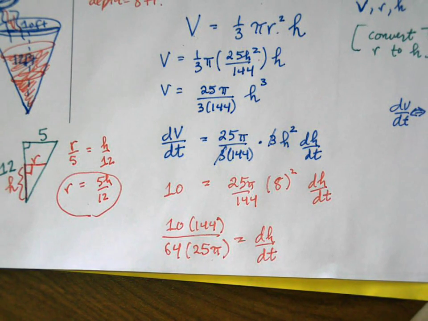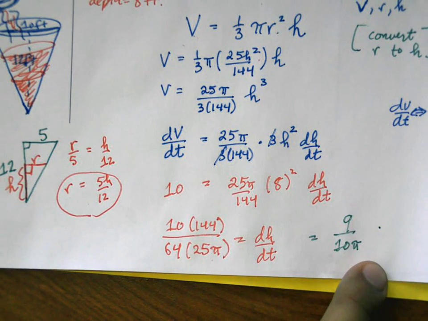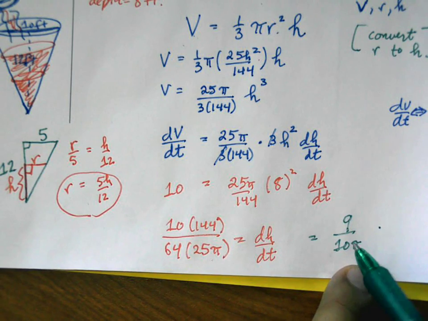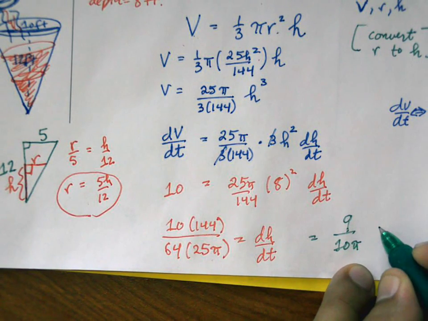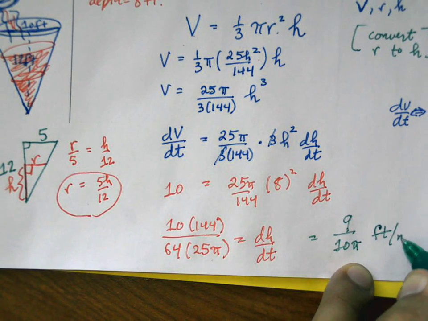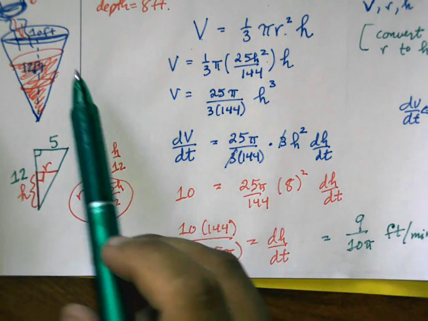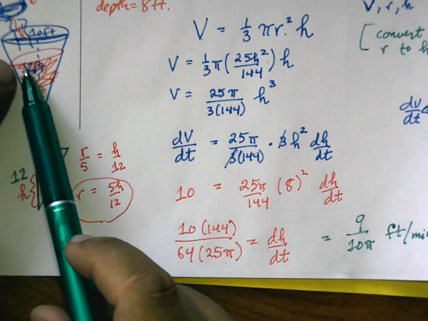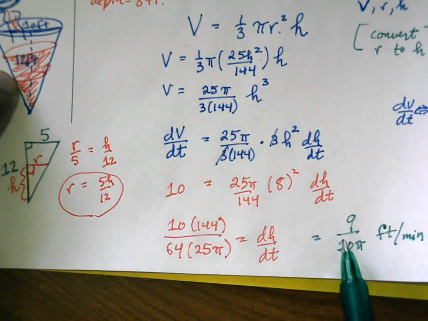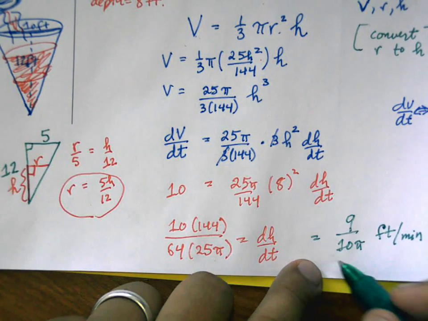For now, we'll focus on the concept, so let's just put this into a calculator and see a decimal approximation. So this comes out to 9 over 10 pi, and then the units here would be feet per minute. In other words, at the very instant when this water is 8 feet deep, it's changing at this rate.